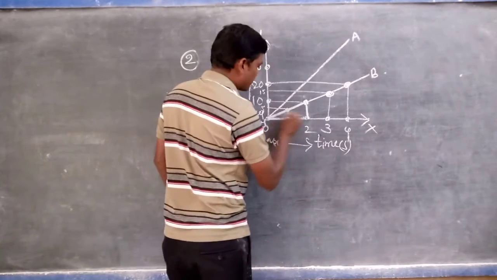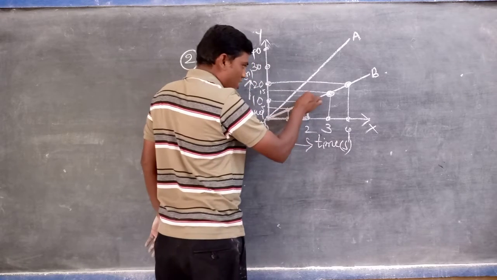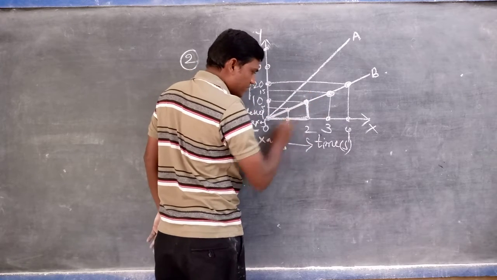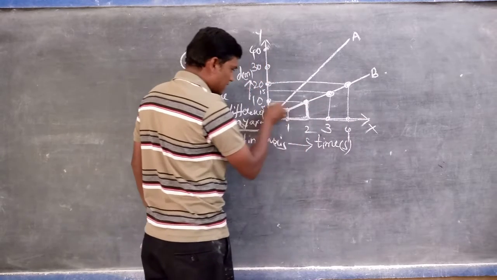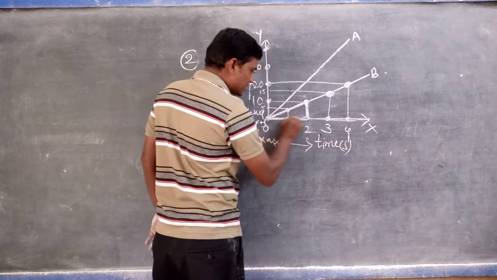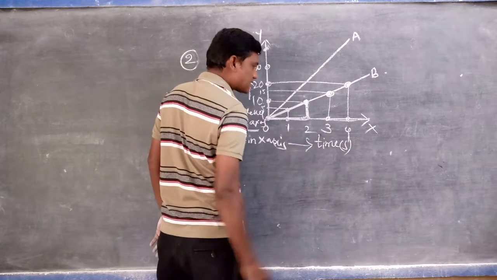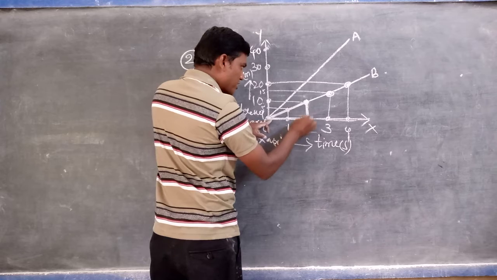So here you are observing this graph. A right angle triangle is there. Now this line, the line which is perpendicular to the x-axis, is for which one? It represents the y-axis. And this represents which one? The x-axis. Let me come to that one. So we consider from here to here.